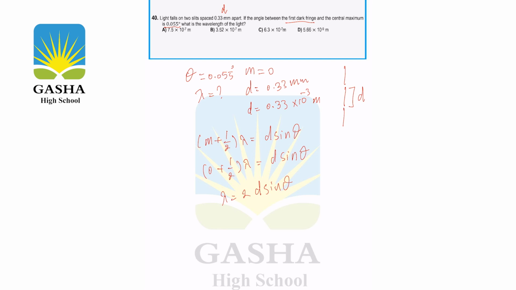Lambda will be equal to 2 times D, which is 0.33 times 10 to the power negative 3, times sine of the angle 0.055, and the result will be equal to 6.335 times 10 to the power negative 7 meter. And that makes option C the correct answer.